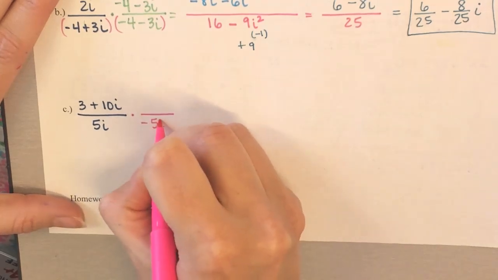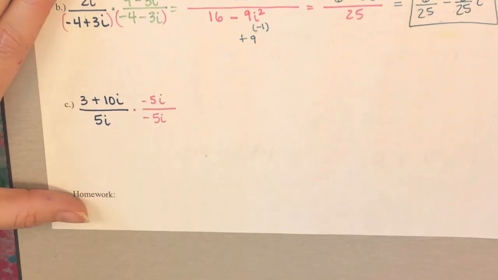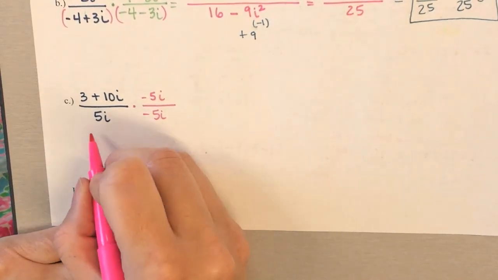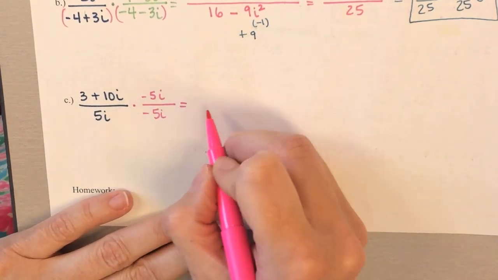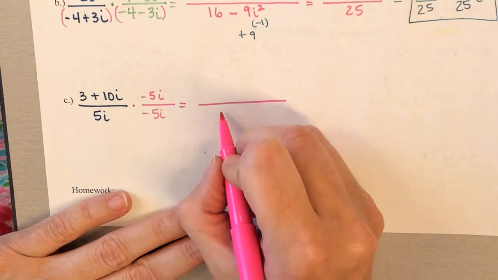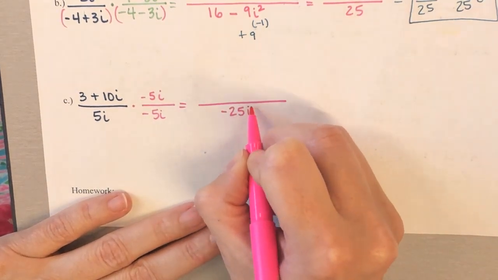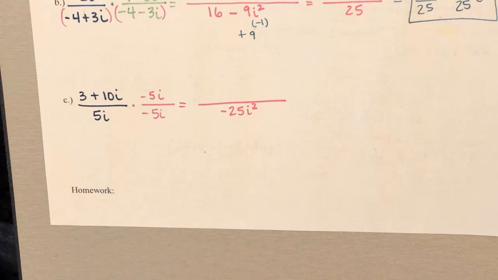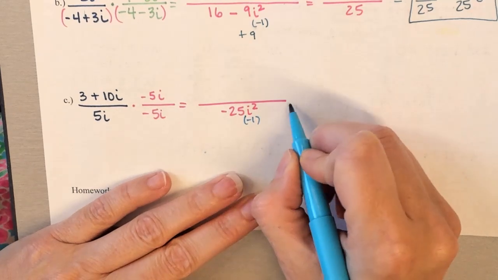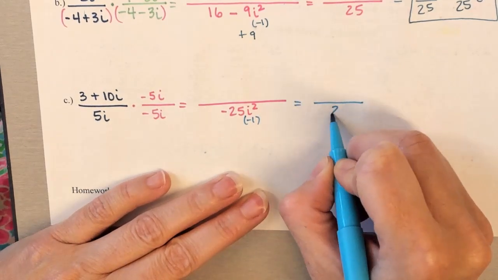Negative 5i, yep. Okay, so even if it's not a binomial, you can just multiply by the opposite value, so 5i and negative 5i. That means you're going to have negative 25i squared, and then the negative times a negative is going to be a positive.